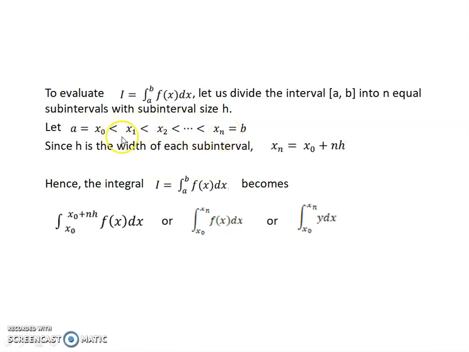Similarly, xn is equal to x0 plus nh. Hence the integral I becomes the integral from x0 to x0 plus nh of f(x) dx, or the integral from x0 to xn of f(x) dx, or the integral of y dx from x0 to xn, because y is a function of x.